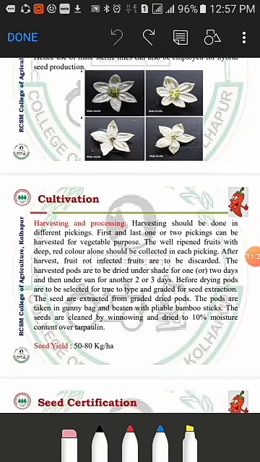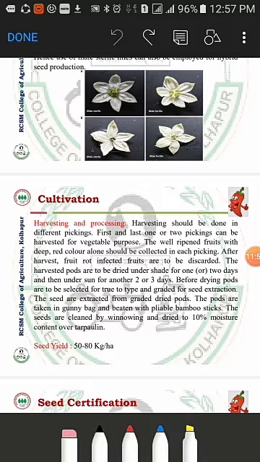Then the harvesting and processing. Here we are talking about seed production. There are different pickings. The first picking and the last picking are used for vegetable purposes, and the middle pickings are harvested separately.